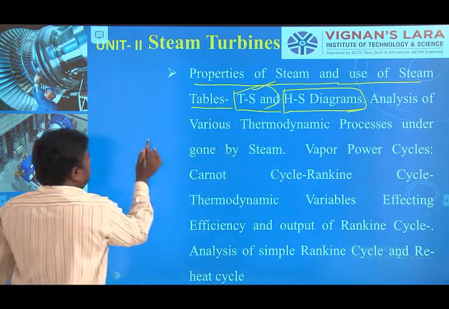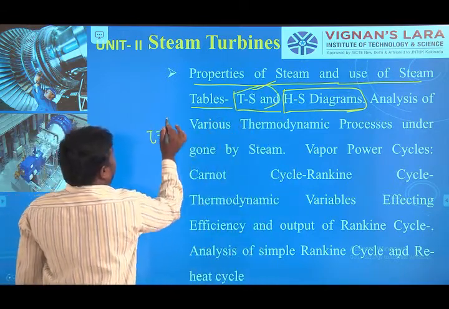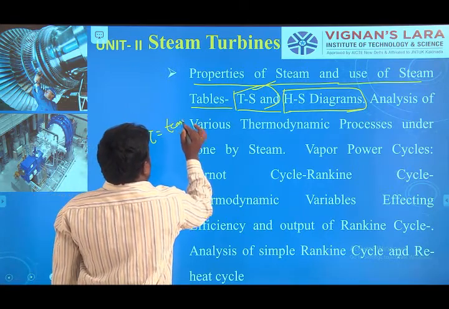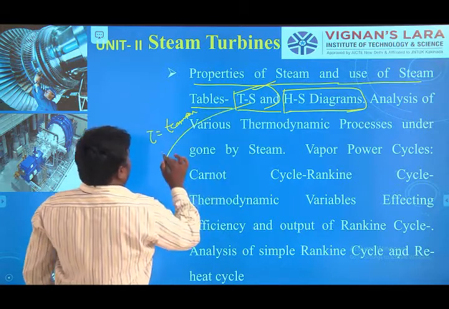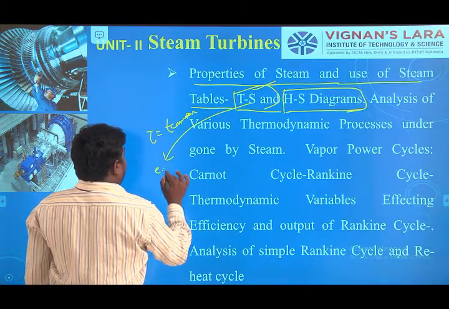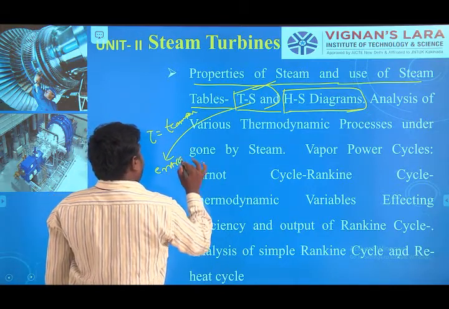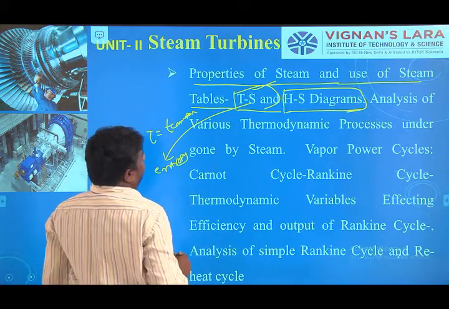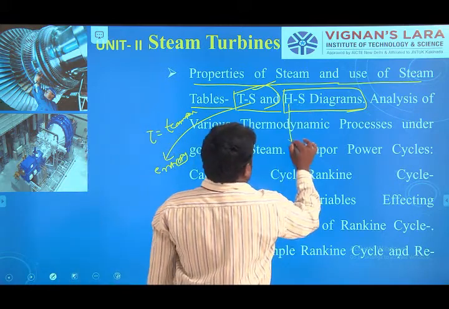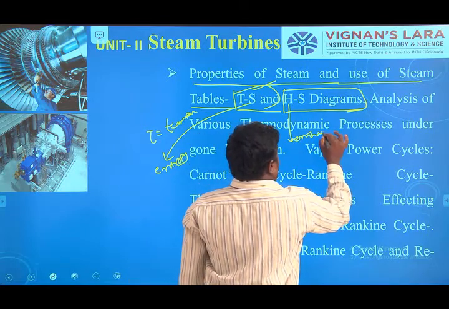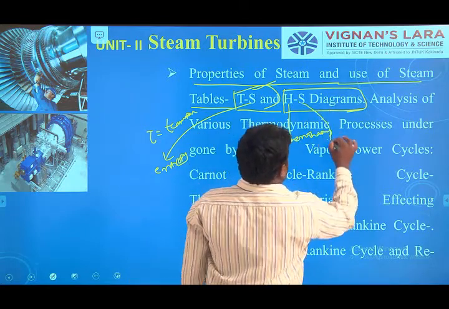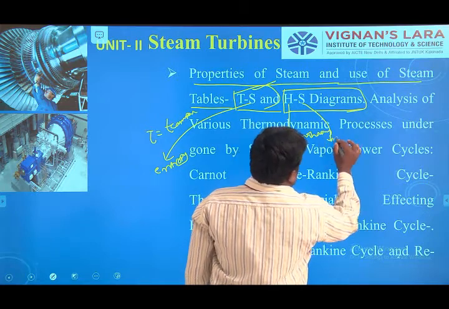So here T equals temperature, S equals entropy, and H means enthalpy.